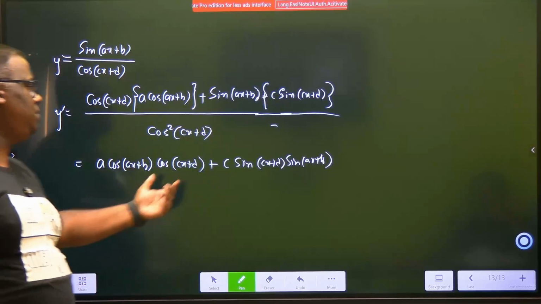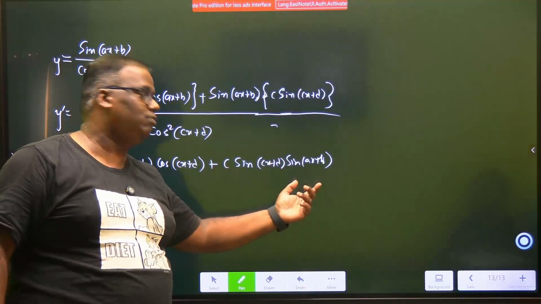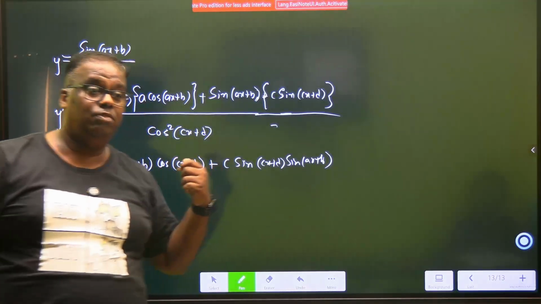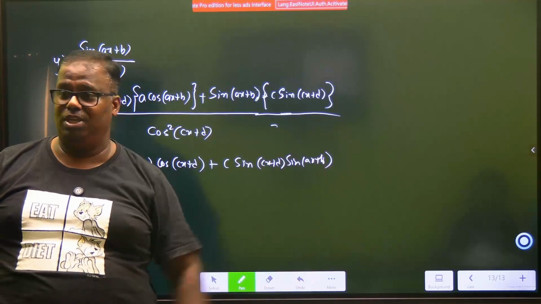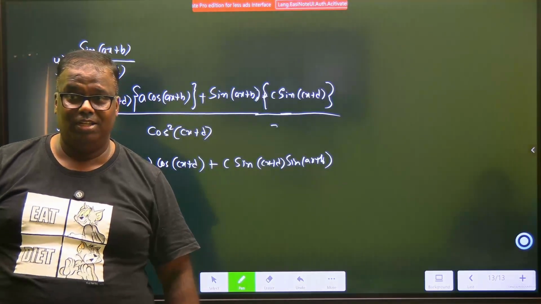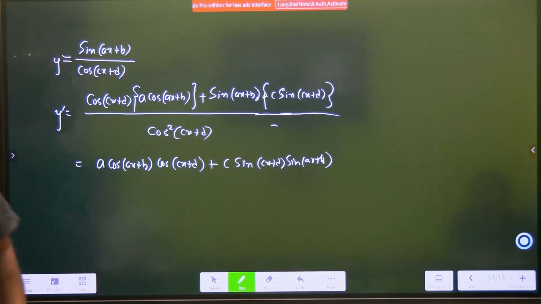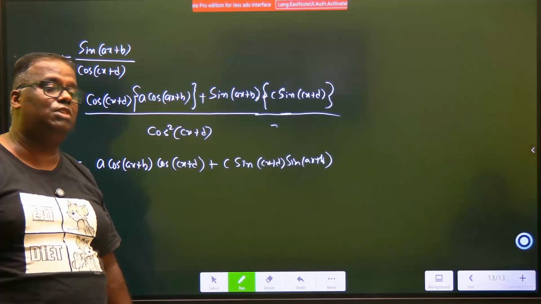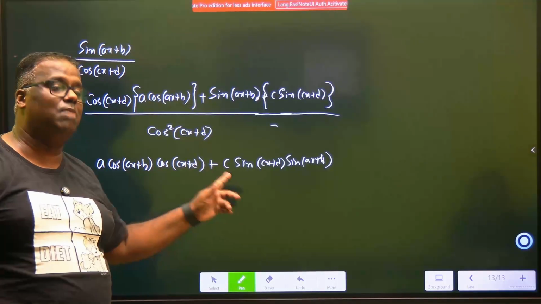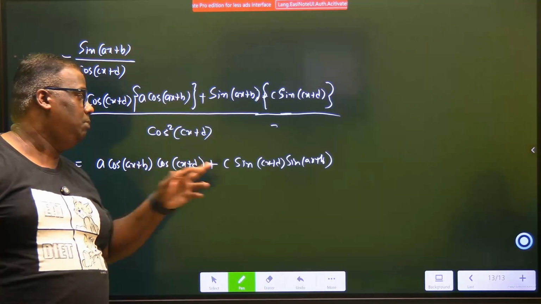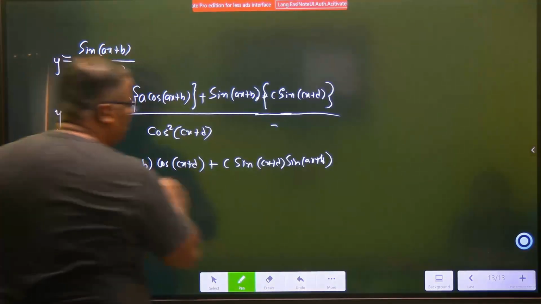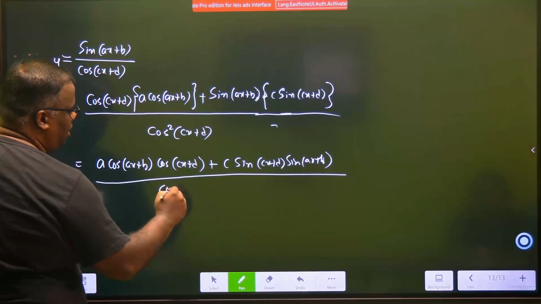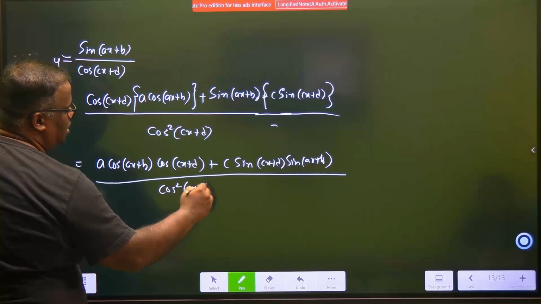Cos A cos B plus sin A sin B, we can't use the formula because we have C and A. If it was cos A cos B plus sin A sin B, it is cos of A minus B. Class 11, cos of A plus B is cos A cos B minus sin A sin B. Cos is a very naughty boy. But you can't use the formula because you can't take out A and C separately outside. And in the bottom, it becomes cos square cx plus d.